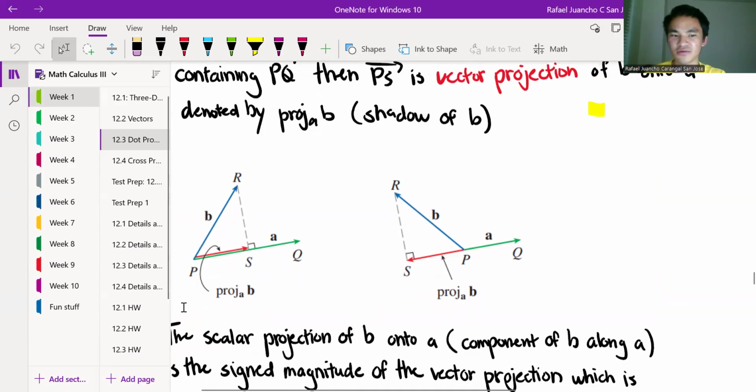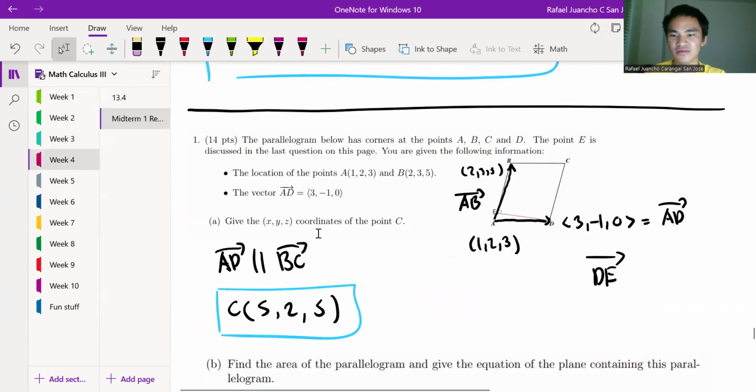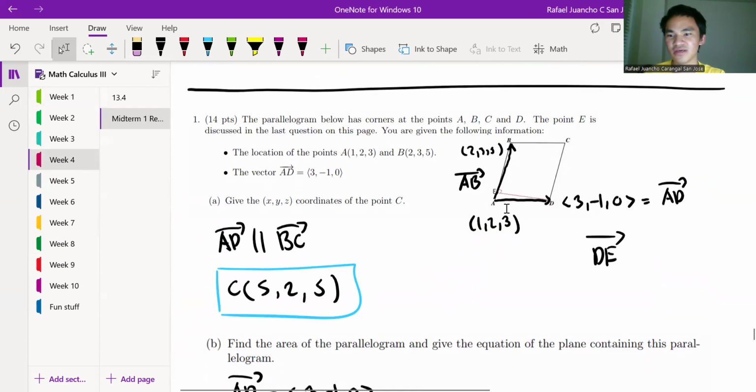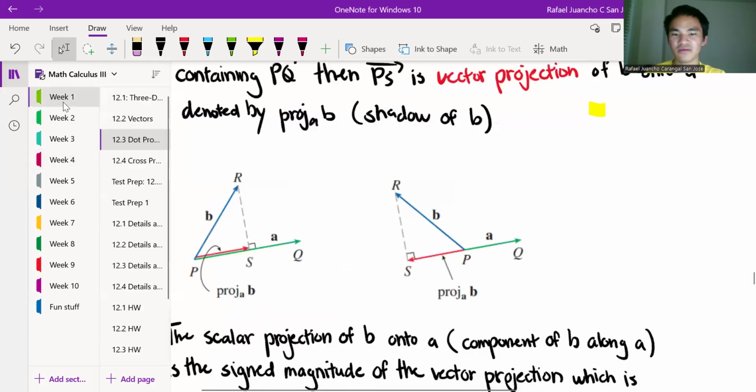So if I project AD to AB, is that what it's saying? Yeah, AD to AB. Here it's saying project B to A. How does that look?